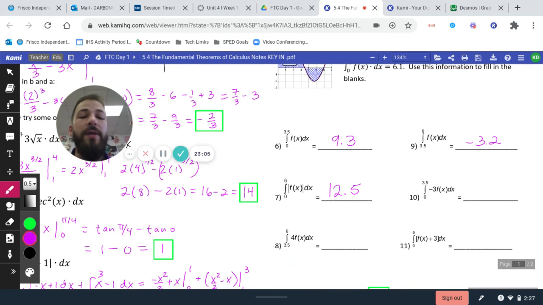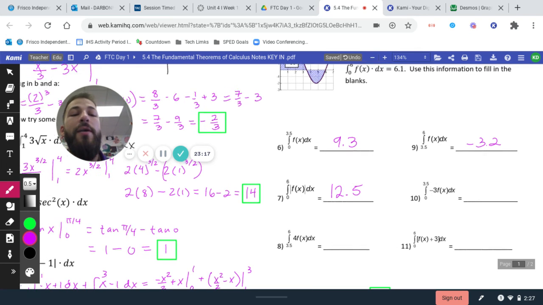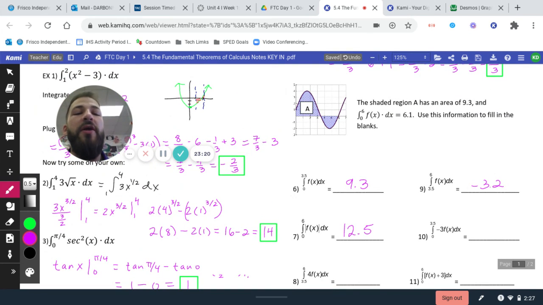All right, number 10, I have the integral from 0 to 3.5 of negative 3 f of x dx. So that negative 3, it's a constant being multiplied. So when I integrate it, I ignore it and multiply my final answer by that number. So we already know the area from 0 to 3.5 is 9.3, so I just need to do 9.3 times negative 3, which would be negative 27.9.